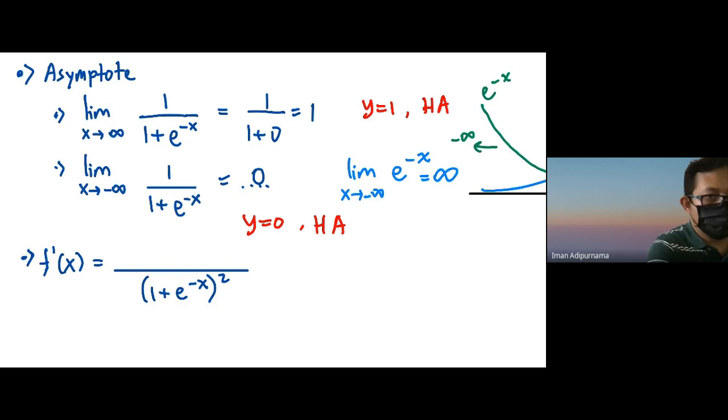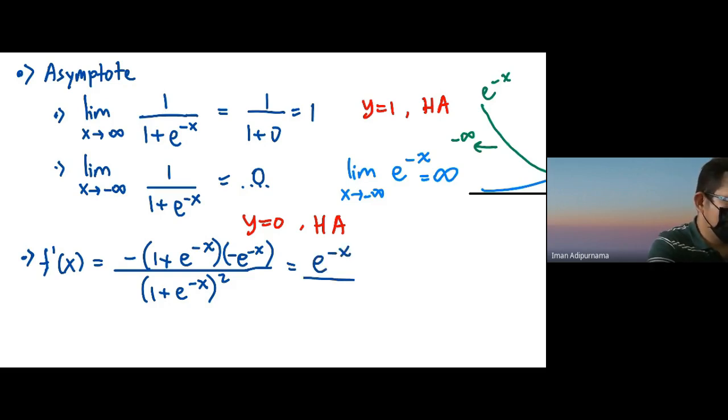So it will be minus one plus e negative x, and then this will be a negative e negative x, right? So we can write this as e to the negative x over 1 plus e negative x squared. Okay.